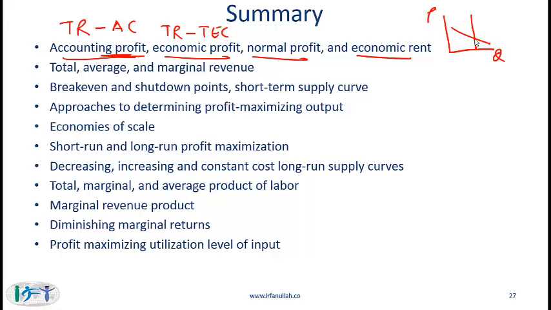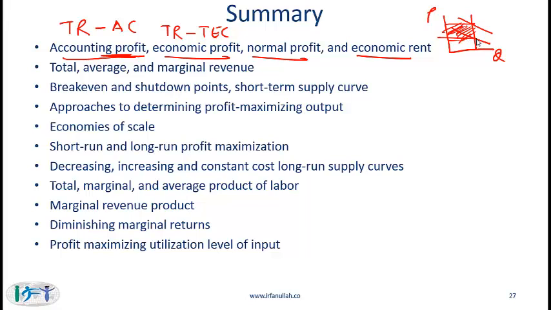If the demand increases now, then the additional amount paid for the product, which is this rectangle, that is the economic rent. It is the total income or the total expenditure above the opportunity cost.